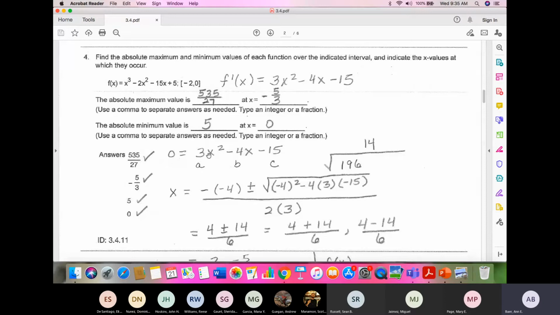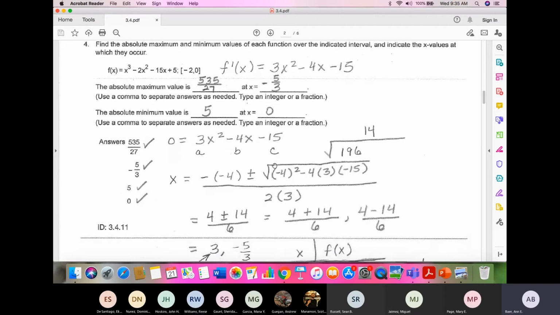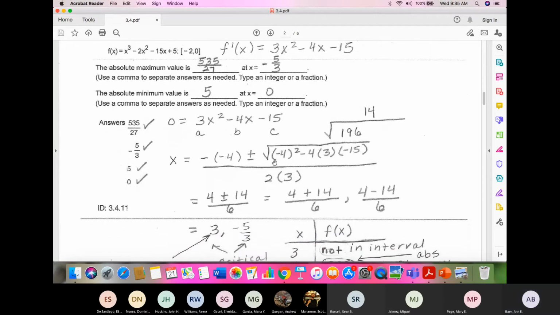You can attempt to factor this if you prefer, or, since this is a quadratic, you can use the quadratic formula. You have a polynomial and the highest power is a 2, and it's in descending power order, so we can identify the a, the b, and the c. The quadratic formula says x equals negative b. b is -4.